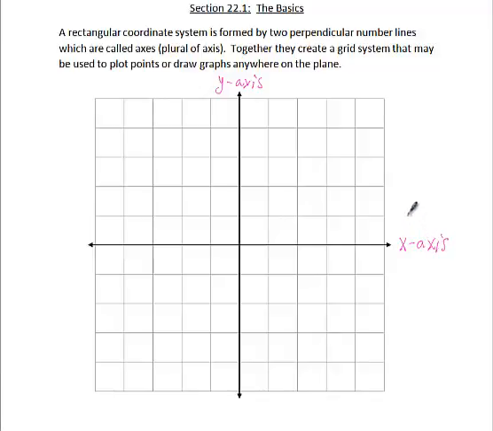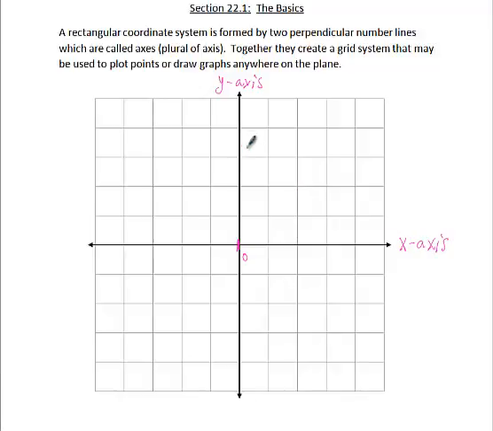With the y-axis, just like we said for the x-axis, the right side from 0 is positive.